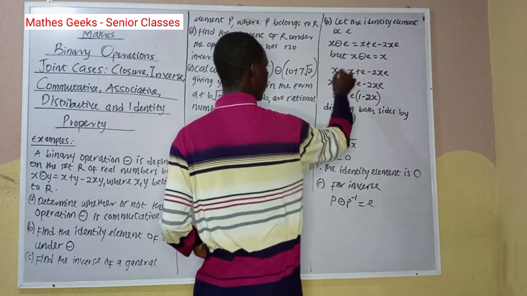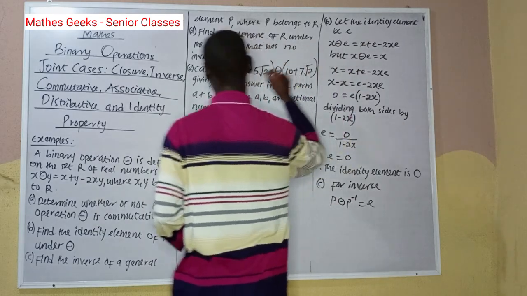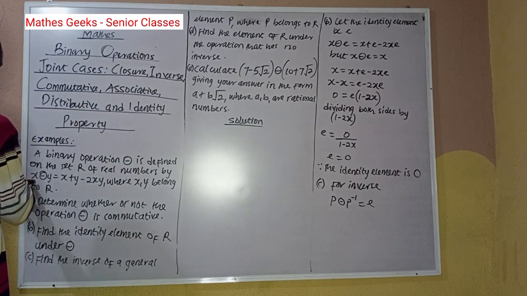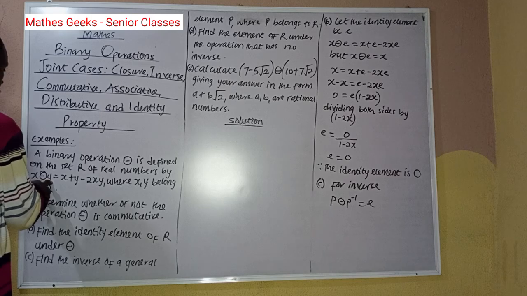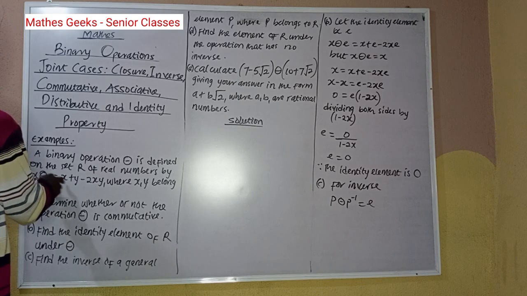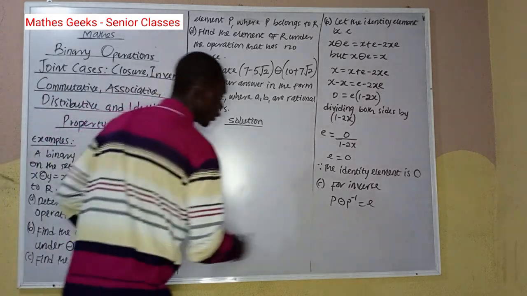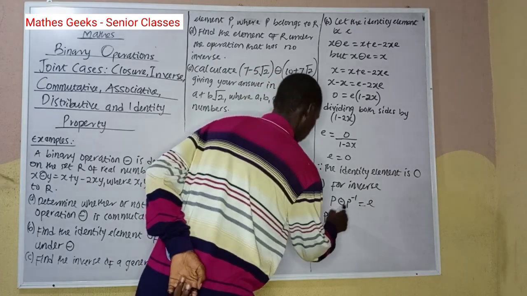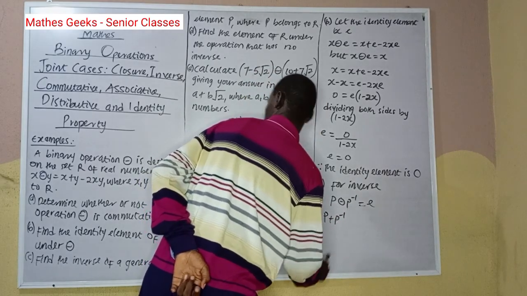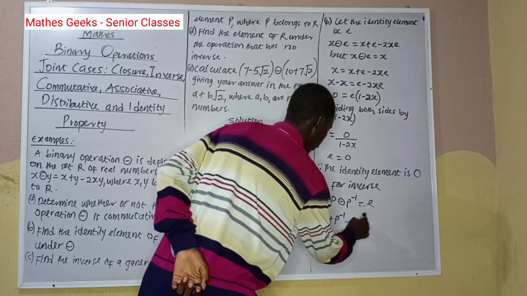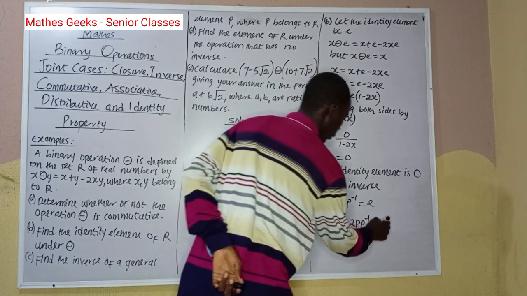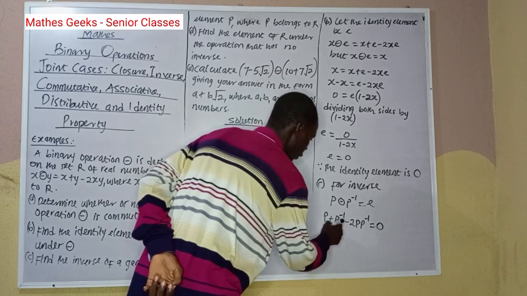From our general equation x * y, x would be replaced by P, and y would be replaced by P⁻¹. So P + P⁻¹ − 2PP⁻¹ equals E, and E is 0.